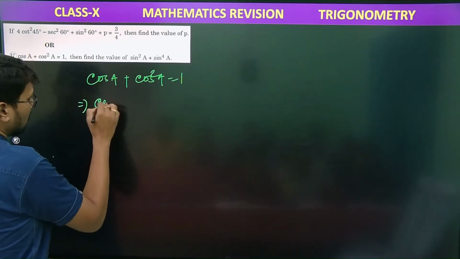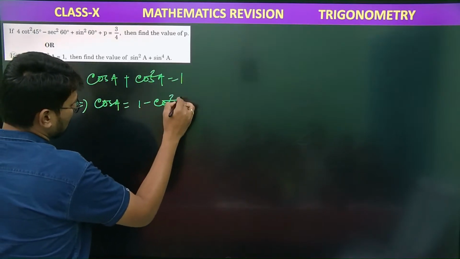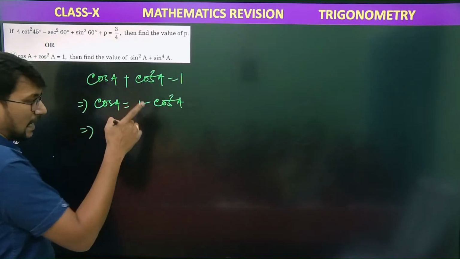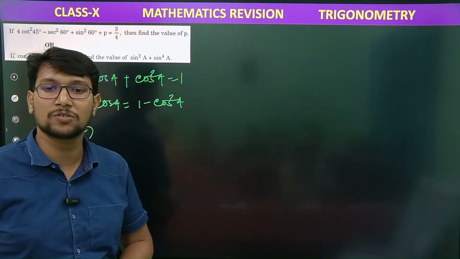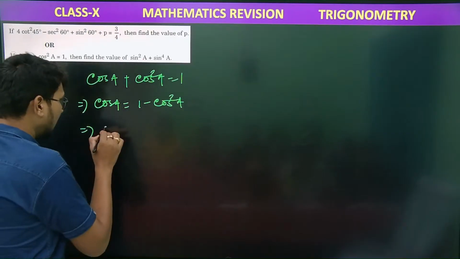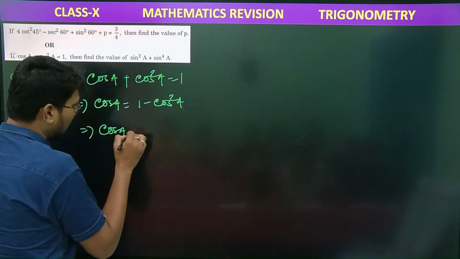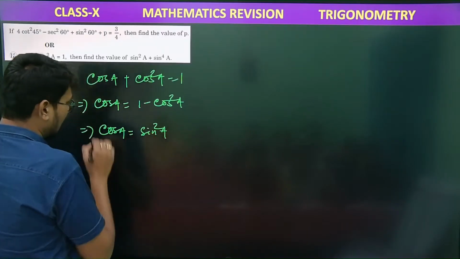You have to write cos A equals 1 minus cos square A. The identity we discussed today: sine square A plus cos square A is how much? 1. So 1 minus cos square A is sine square A. Now cos A equals how much? Sine square A. Done, everyone.